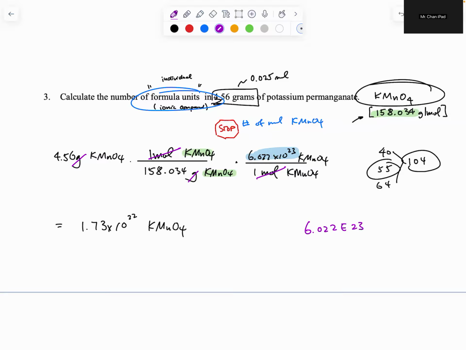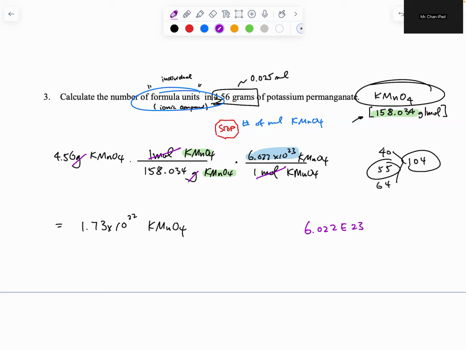Do you know how to type this on your calculator? Okay, it's right here on a scientific calculator. It is this: 6.022. See the double E right here? Okay, second, and then type this. You get E 23. That is 6.022 times 10 to the 23rd.